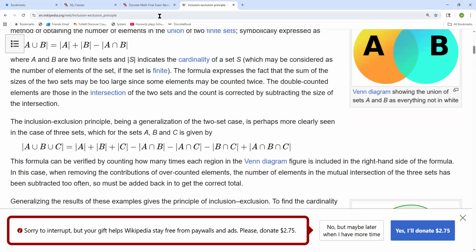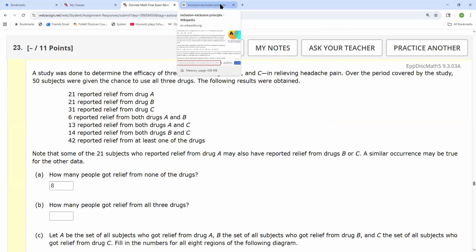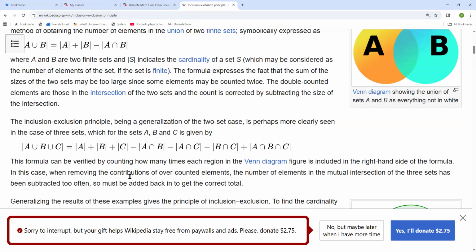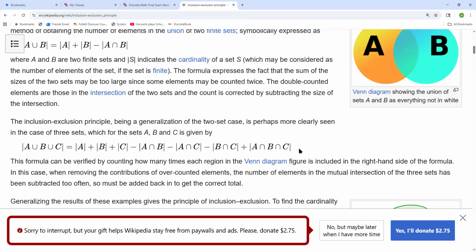So look back at the question. How many things were reported from drug A? 21, 21, and 31. That's how many people benefited from each drug individually.